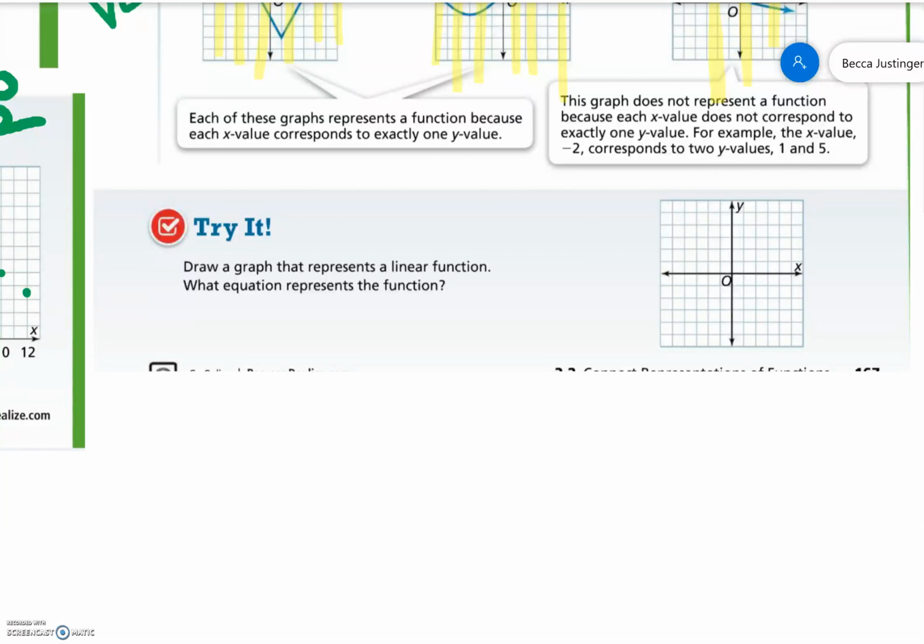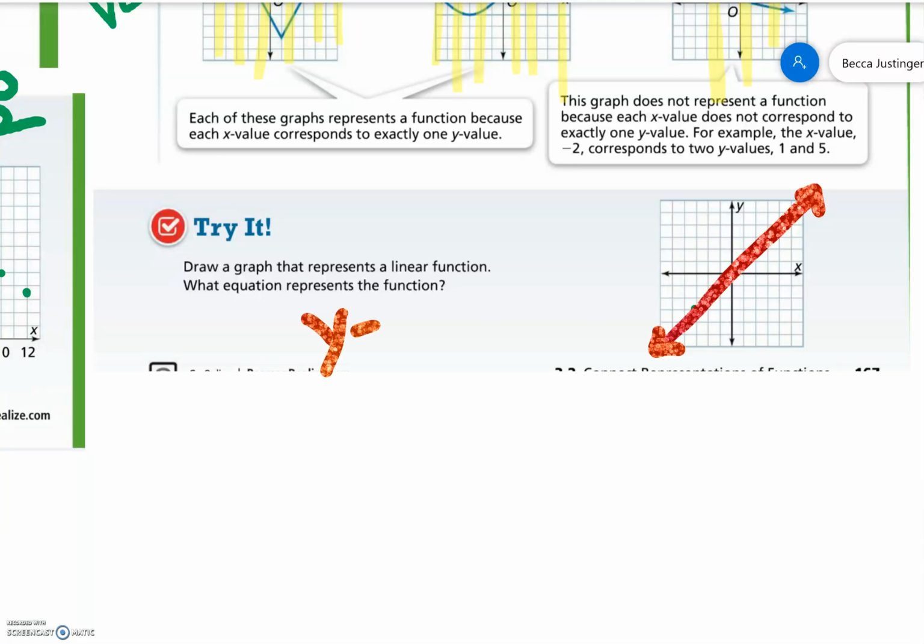Try it. Draw a graph that represents a linear function. What equation represents the function? Well, an easy graph to draw would just be go through the origin, and we draw a straight line. Use arrows.